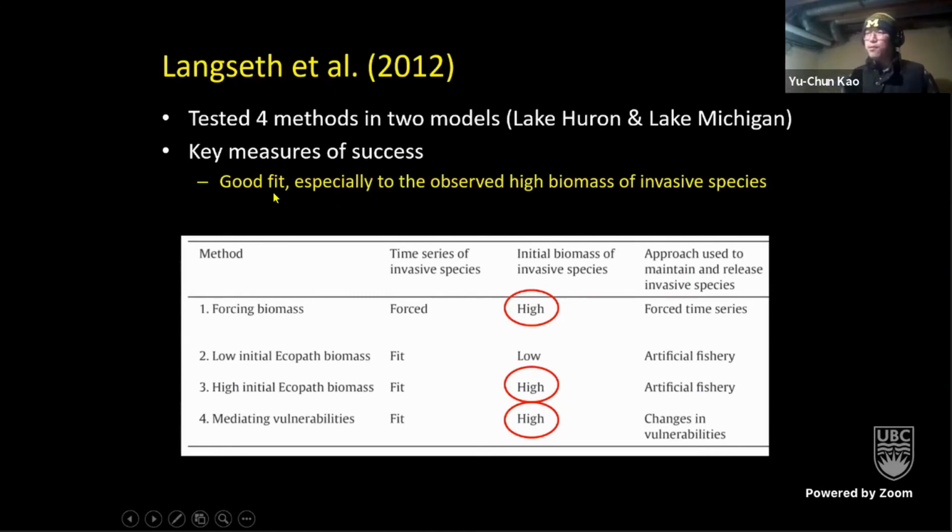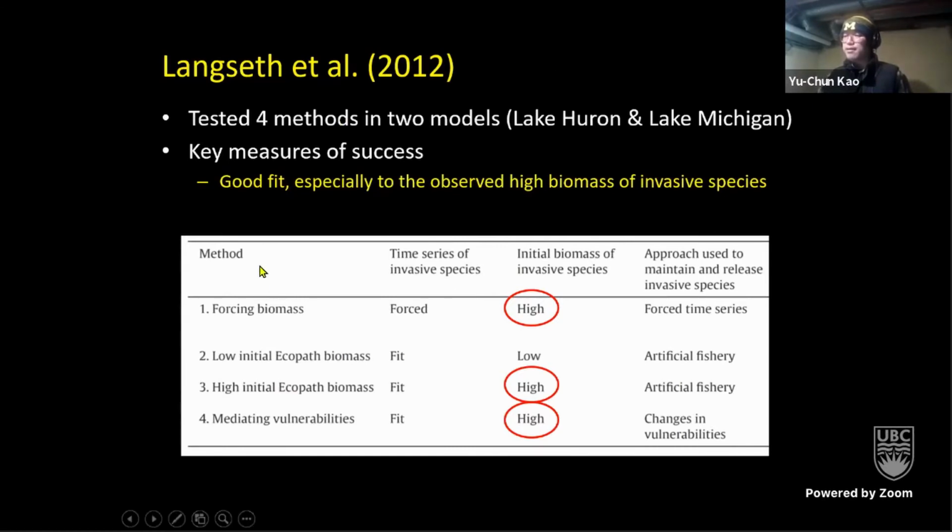And whether these methods work was tested by evaluating whether any of these methods could repeat the observed pattern. And that observed pattern includes biomass of both native and invasive species.